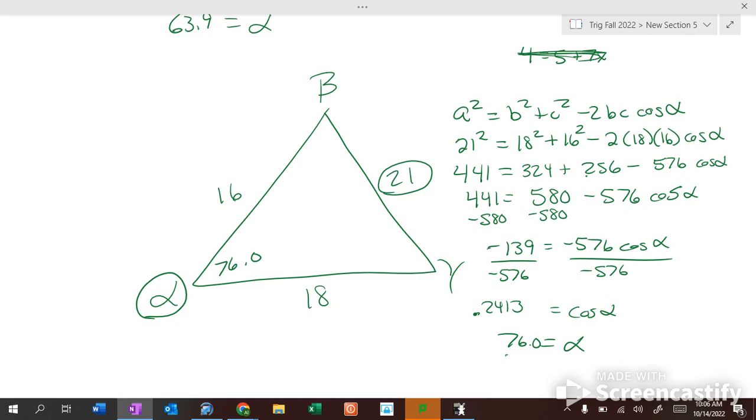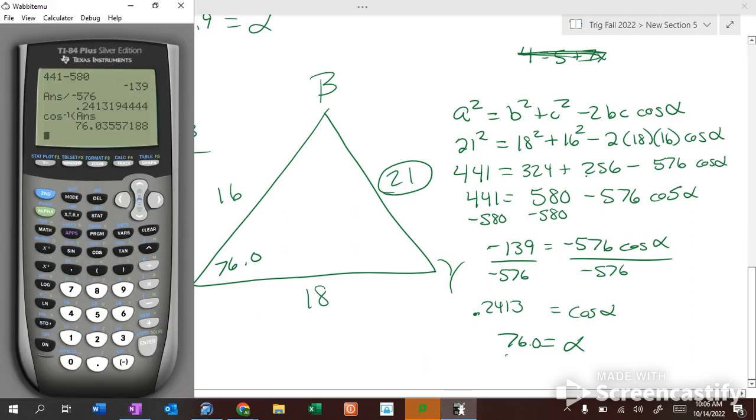All right. Then if you want, you could do law of cosines to figure out this angle and subtract from 180 to figure out the other. Or once you have 76, you can just use law of sines. The sine of 76 over its opposite side, 21, equals the sine of beta over 18. And then just use law of sines to figure out the next part.